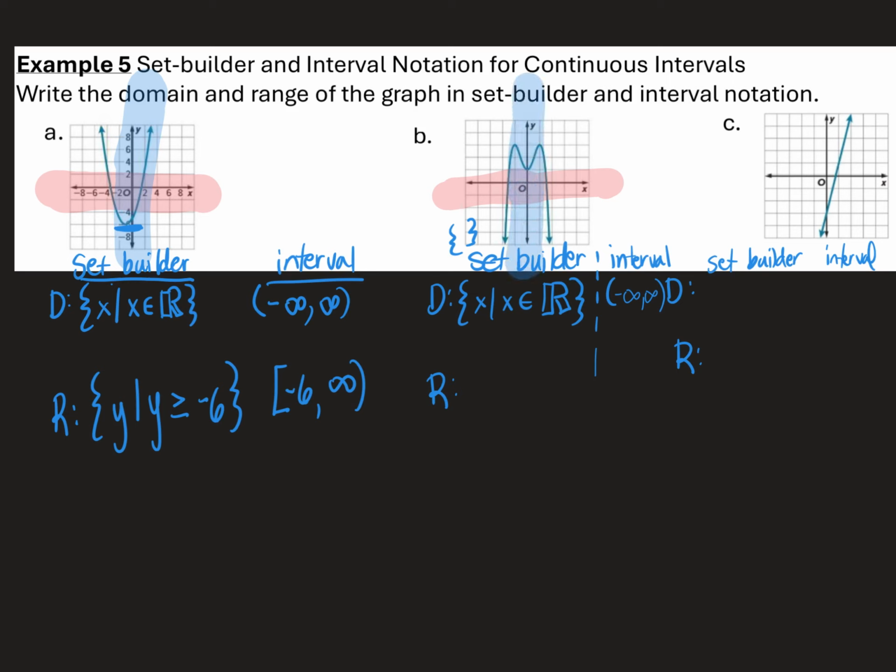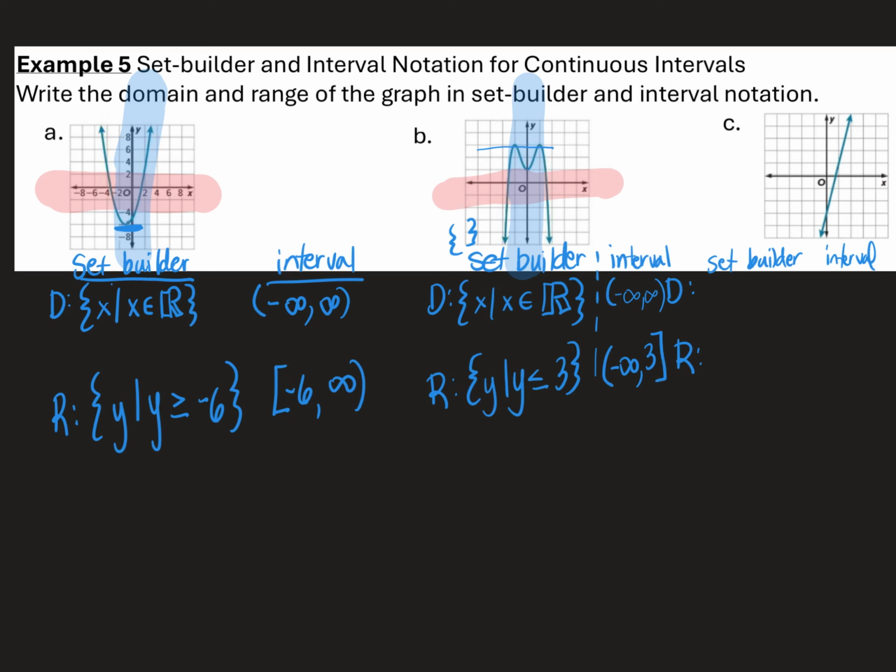It's going forever down, and the highest it's going up is to here. This is the highest, which is 1, 2, 3. So y, such that y is less than or equal to +3, because it's going down, or from negative infinity to +3 with the bracket.